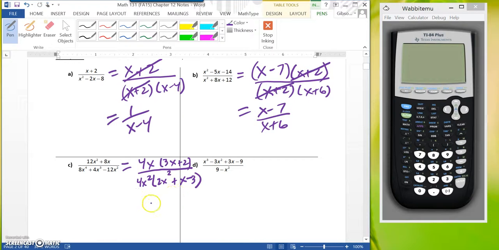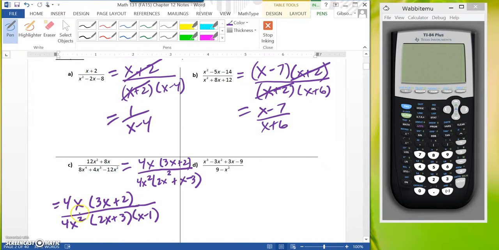Okay, so now we can still simplify out our denominator. So we will have 4x times 3x plus 2 all over 4x squared, and then we will have 2x plus 3 and x minus 1 when we factor.